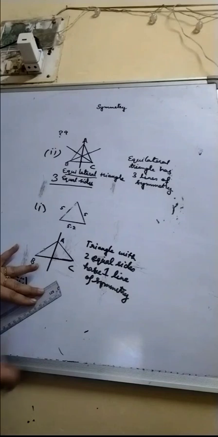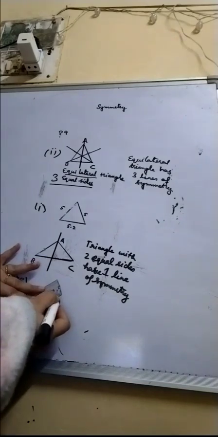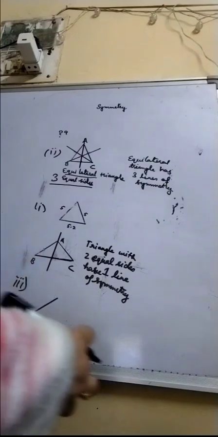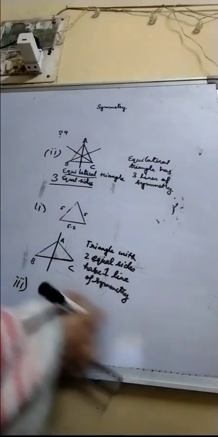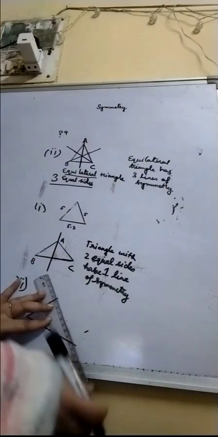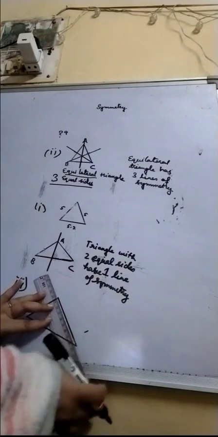For a triangle with no line of symmetry, we should have, when all the sides of triangle are unequal, then you get the triangle with no line of symmetry.